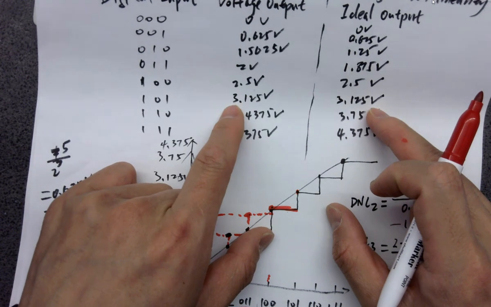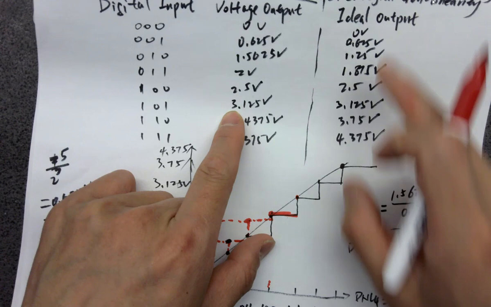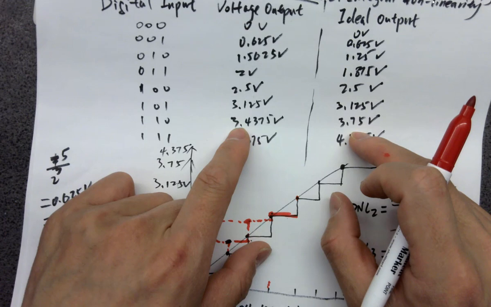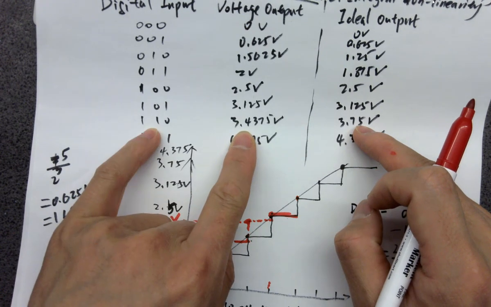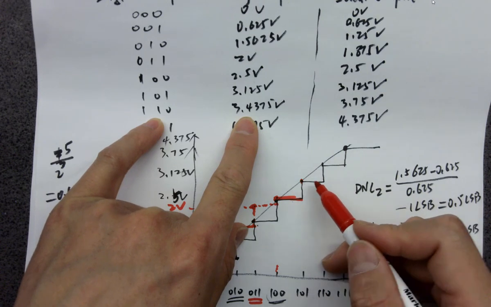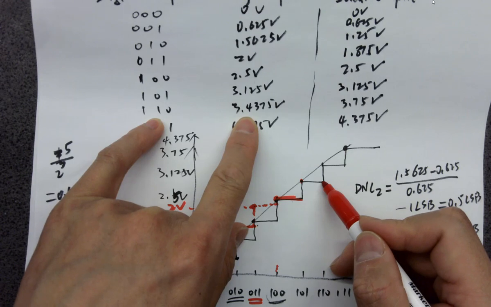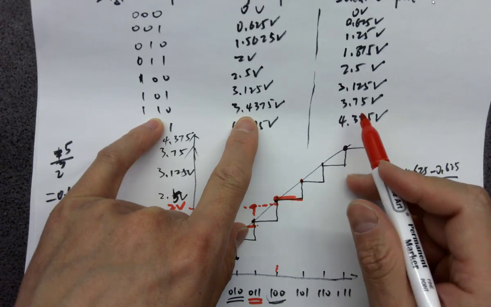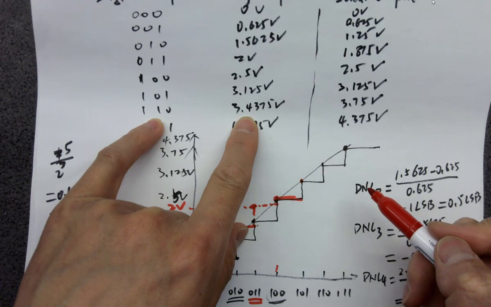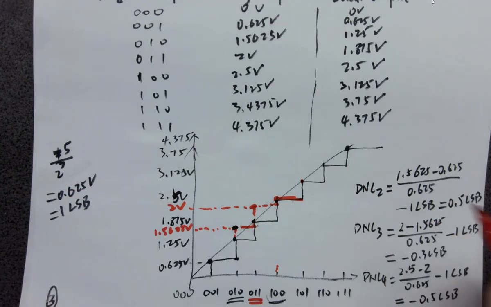Keep in mind this is the ideal one. This ideal one has a 0.625 increment every time. Okay, the next one, 110 over here. When it reaches 110, it didn't jump to 0.75 volts. Wait, did I draw it incorrectly? 110.